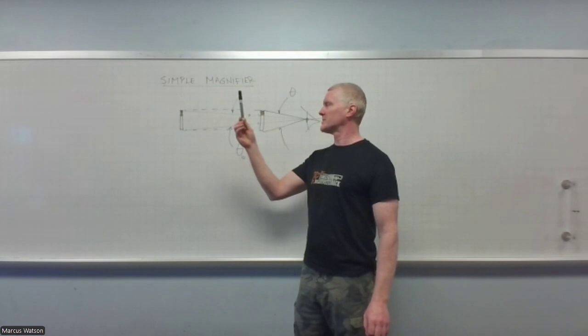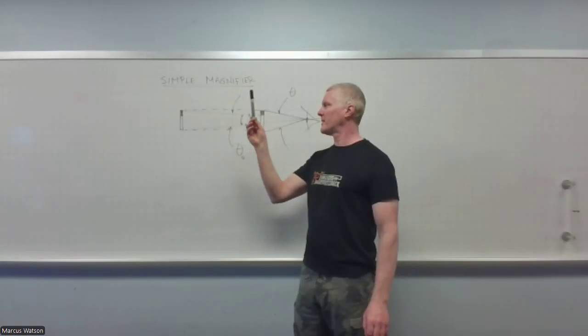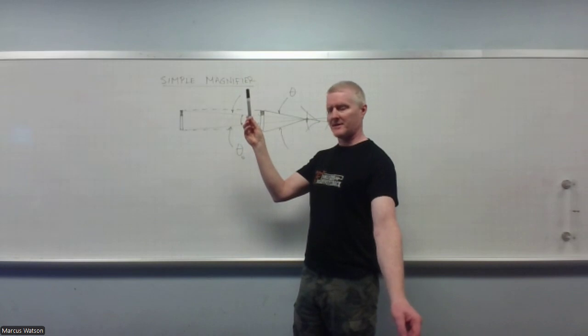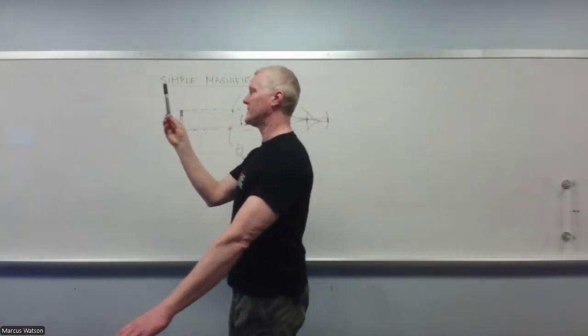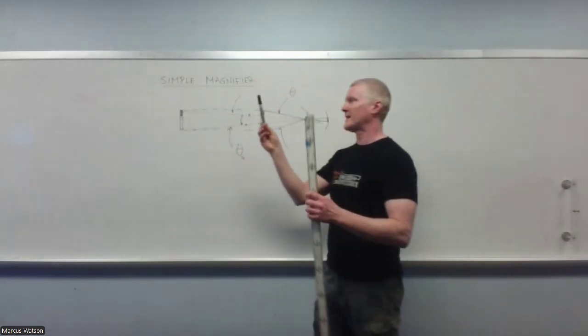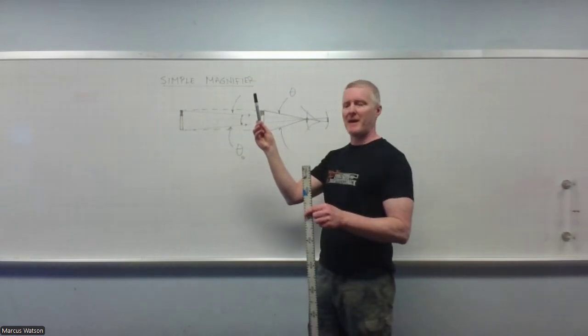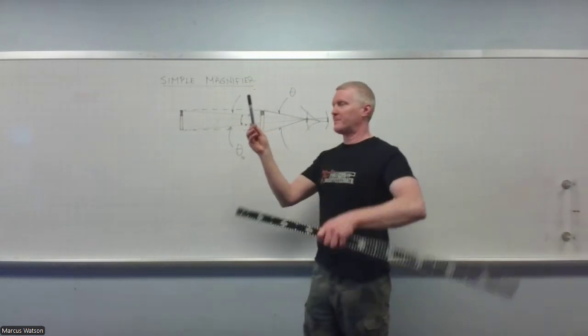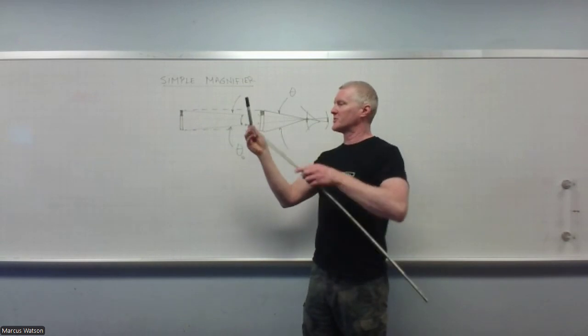If I try to keep my eyes relaxed, and I'm going to try reading the writing that's on the side of the pen, but I'm going to keep my eyes relaxed. Okay, about here it's starting to get blurry. Yeah, so I'd say about there is my final point at which I have to squint past this. If I pull the pen past this point, I have to squint.